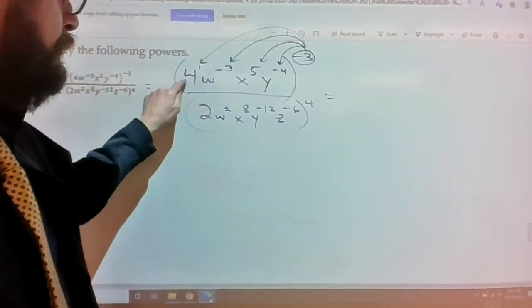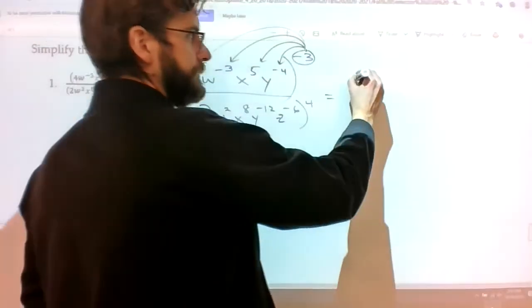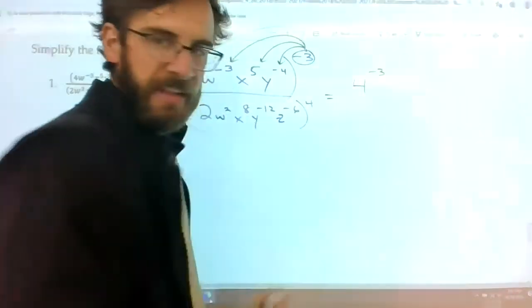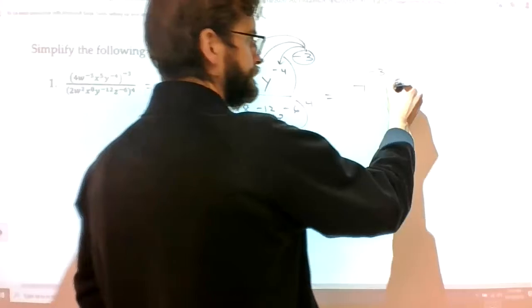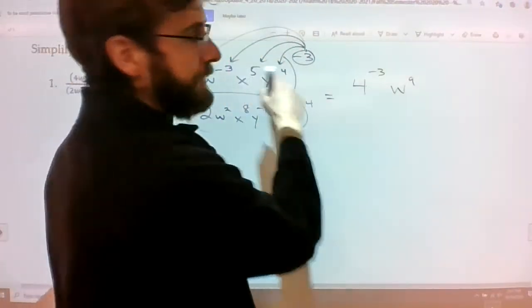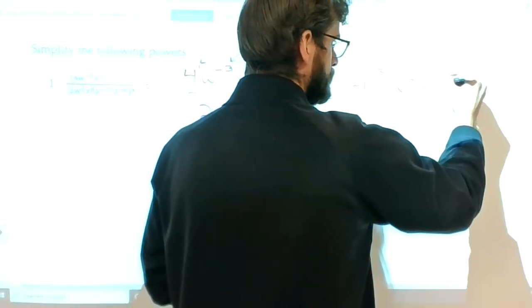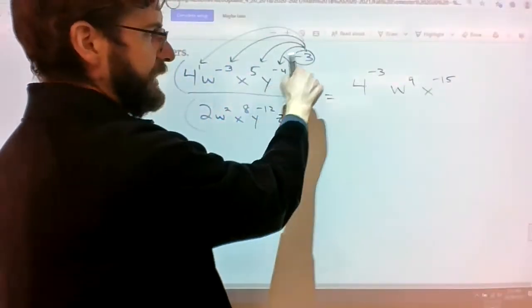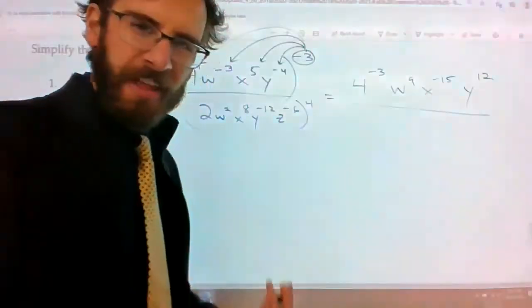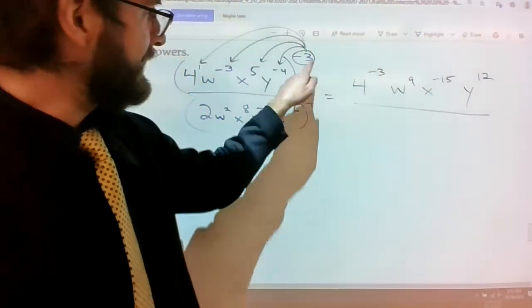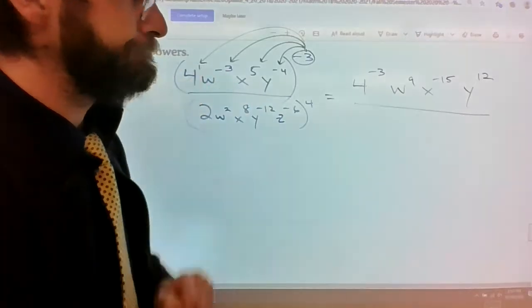So you're going to do 4 to the 1 times negative 3. That's now 4 to the negative 3 power. W to the negative 3 times negative 3, positive 9. X to the 5 times negative 3. And then y to the negative 4 times negative 3. So hopefully that all makes sense. I'm just multiplying little number times little number.